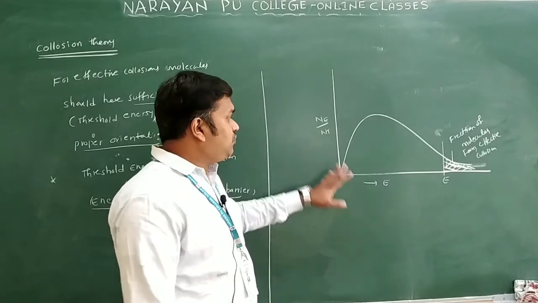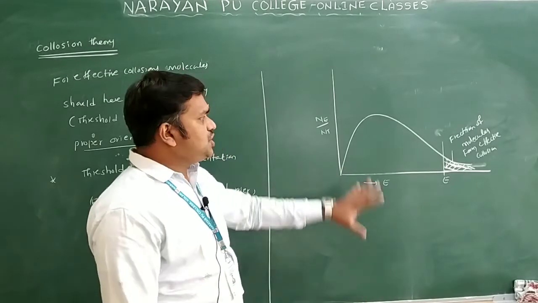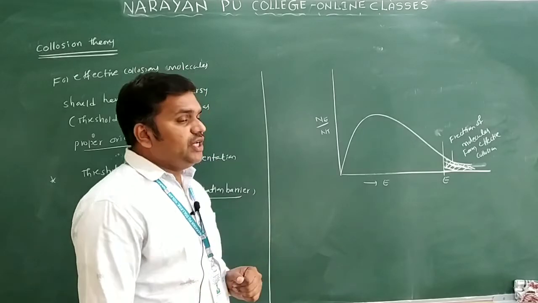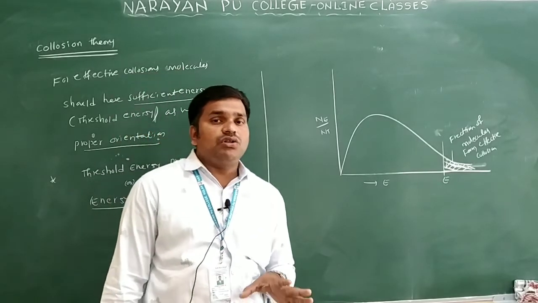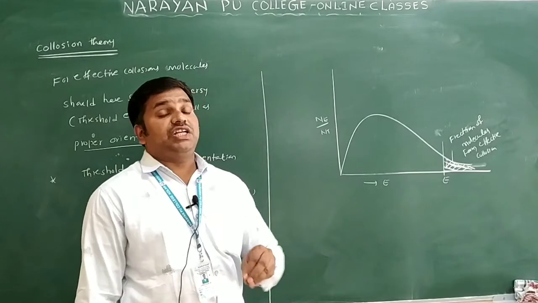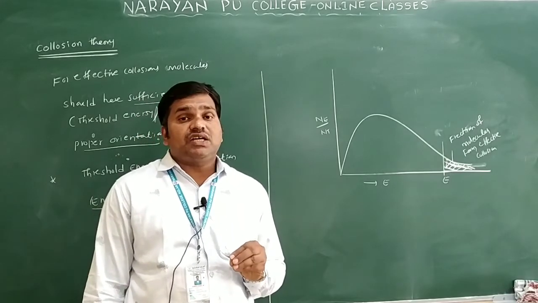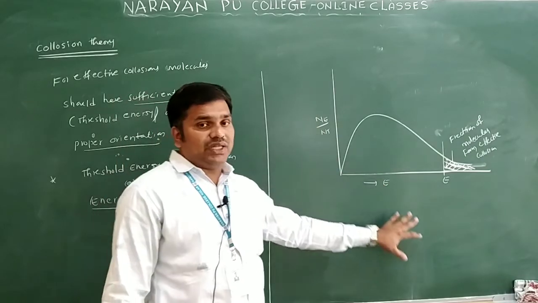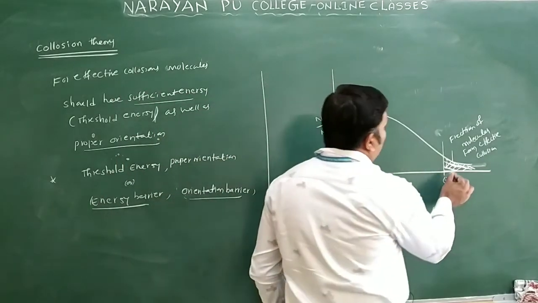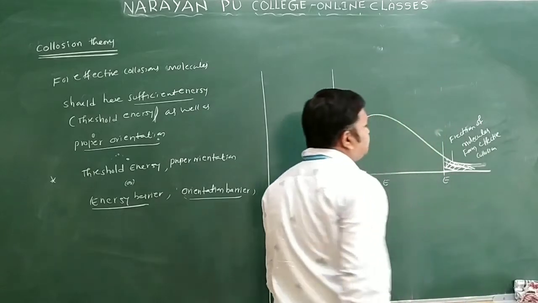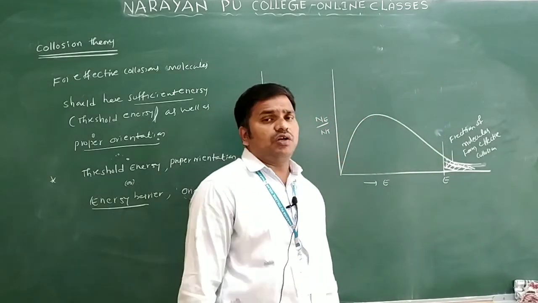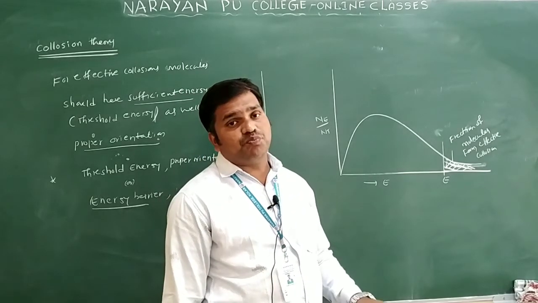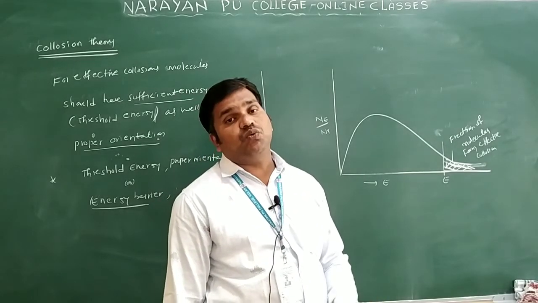Now we see the diagram. This is the fraction of molecules versus energy, showing how the reactant molecules undergo collisions. All the molecules do not undergo effective collisions, only a fraction of molecules does. Those fraction of molecules will form effective collisions, meaning they will be converted into the product zone.